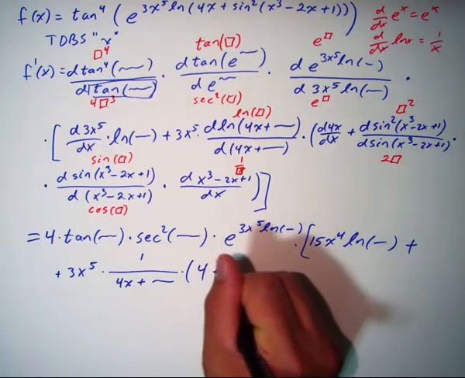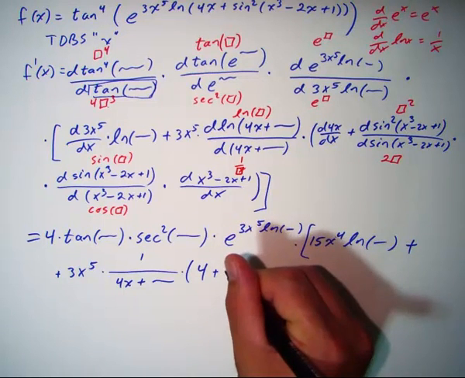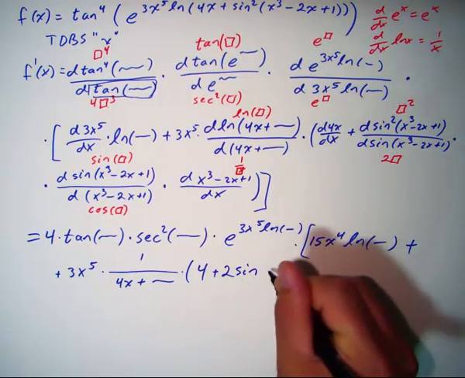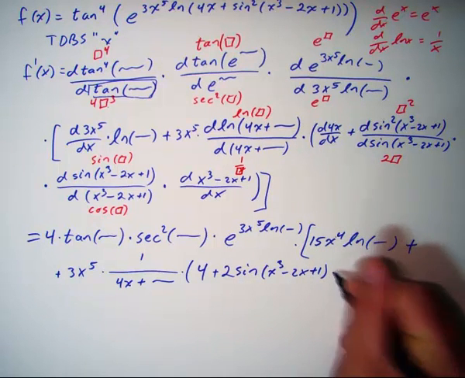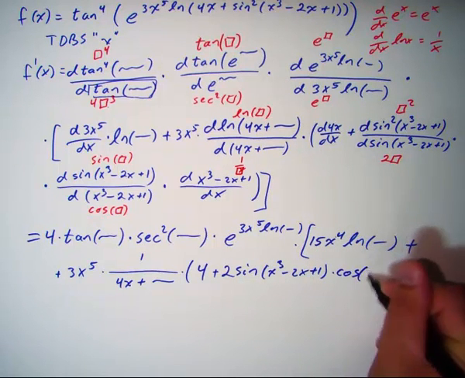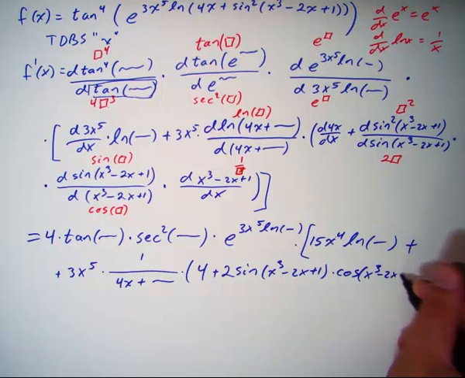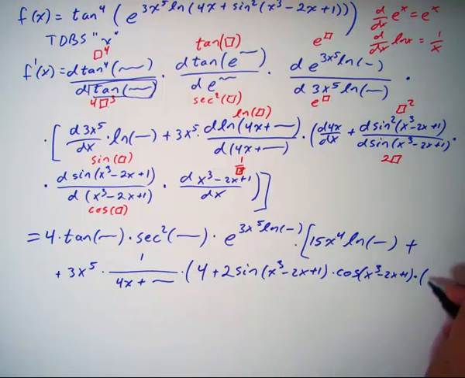The derivative of 4x is 4. Derivative of box squared is 2 times box. Derivative of sine is cosine. And the derivative of the polynomial is 3x squared minus 2, close bracket, close bracket, close bracket, and believe it or not, we're done.